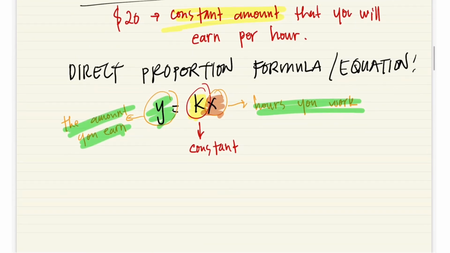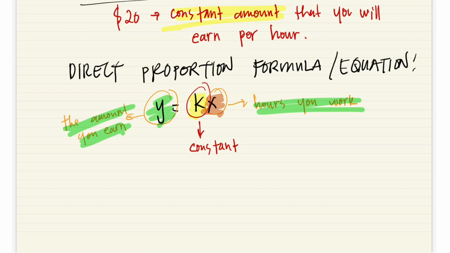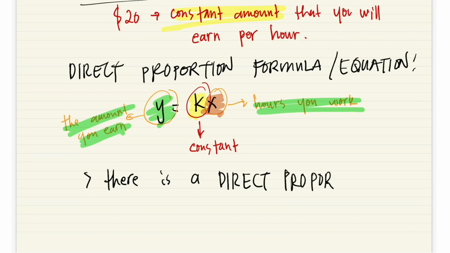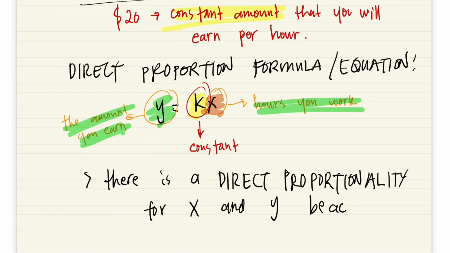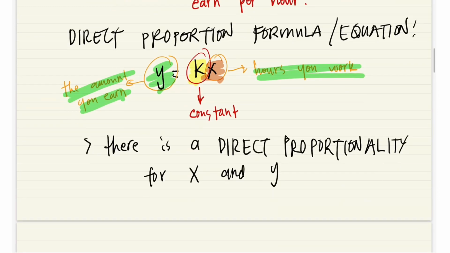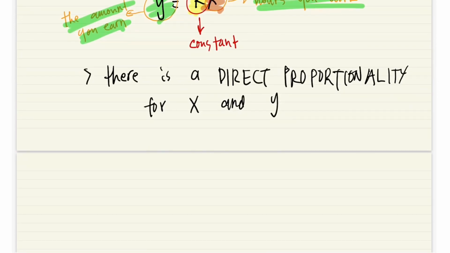So therefore, there is a direct proportionality for x and y, because if x increases, then y increases.